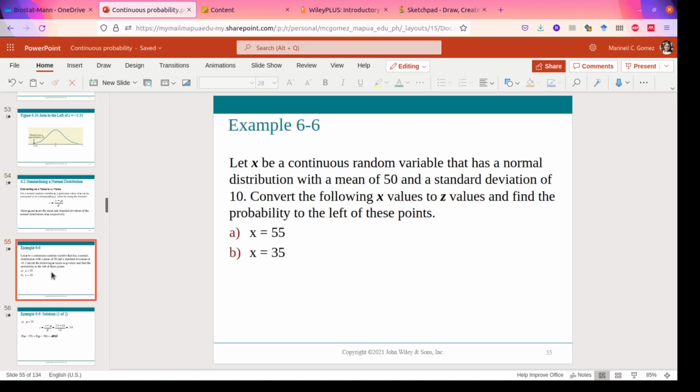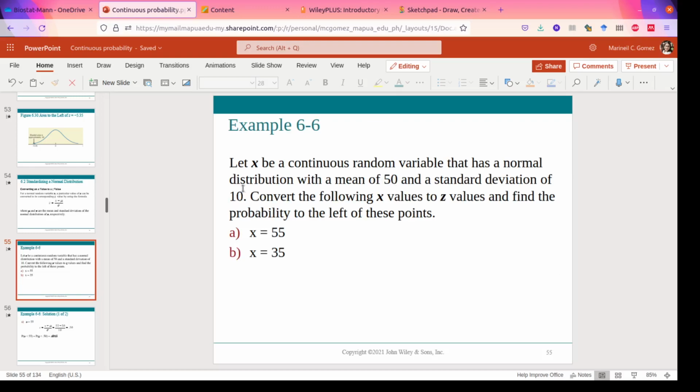So let's look at an example. Let x be a continuous random variable that has a normal distribution with a mean of 50 and a standard deviation of 10. Why is the mean non-zero? Because this is the mean for the experiment that you are doing. So the mean value in the experiment is 50 and the standard deviation is 10.